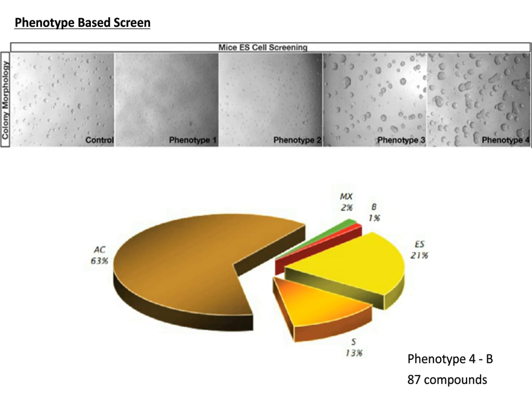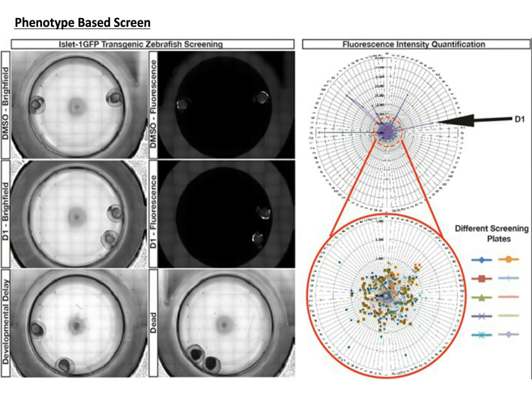So we also did a parallel screen using zebrafish and human embryonic stem cells. So human embryonic stem cells also confirmed these 87 compounds that increased colony size in mouse. And when we rescreened the entire library on zebrafish using GFP as quantification, the zebrafish used here for screening were transgenic, expressing GFP under the islet 1 promoter.